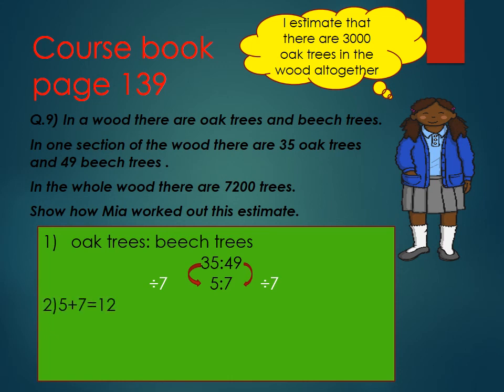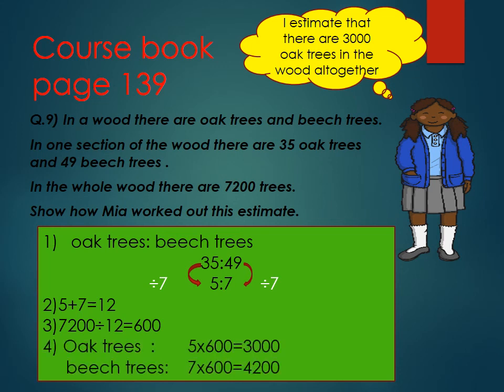Then we find the total number of parts, which is 5 plus 7 equals 12. After we find the total number of parts, we will divide the whole wood, which is 7,200, by 12 to find the value of one part, which equals 600.